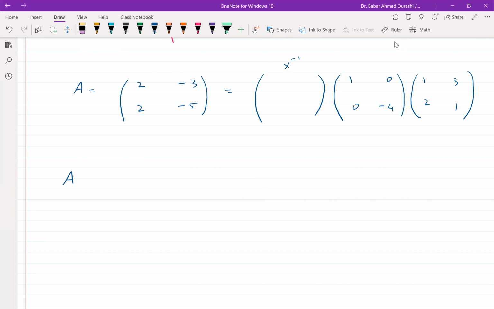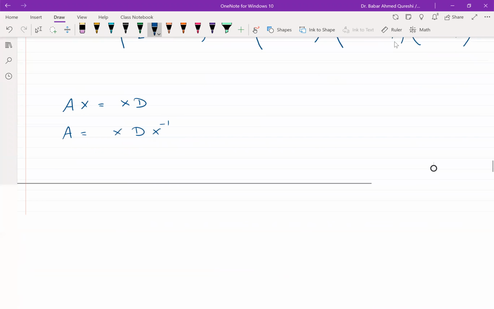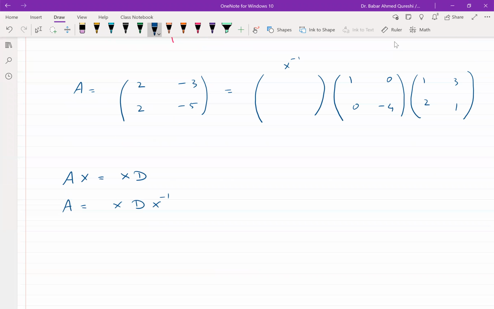This was my defining equation. Ax was xd, this is what I had got. So A is xd x inverse. So if I check this, and D should be x inverse. Yeah, I was right.